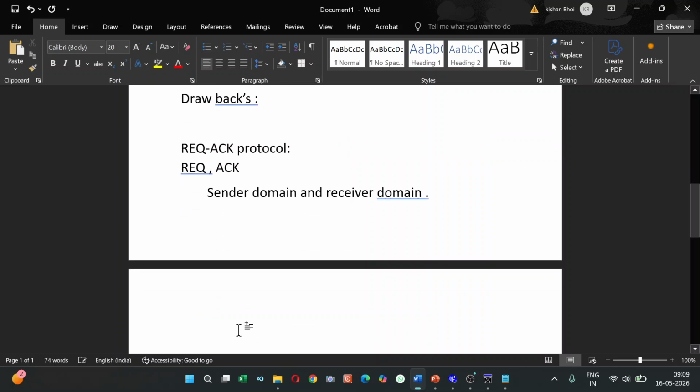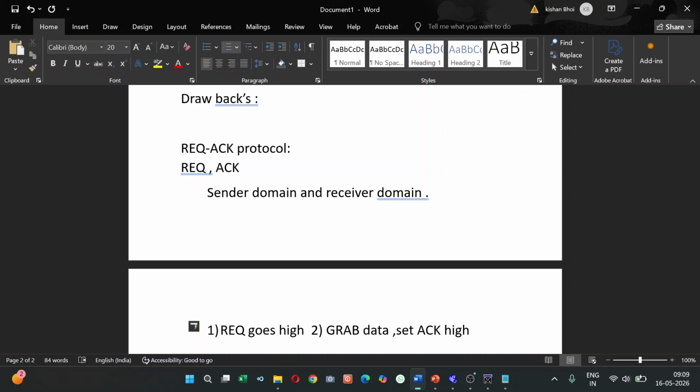Now there are four steps. First, at the sender domain, request goes high. At the receiver domain, it sees that request is high, so it will grab the data and set acknowledge high.